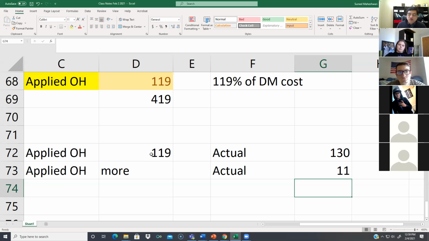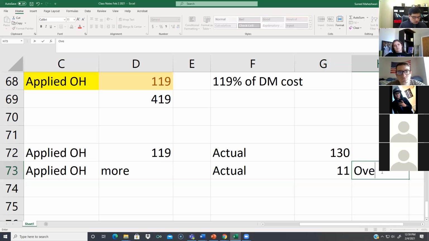So if applied overhead is more than actual, we will call it over, right? So we'll call it over applied overheads because we applied more than the actual.